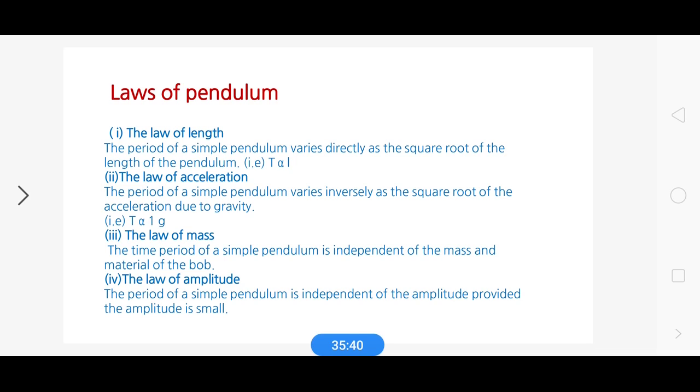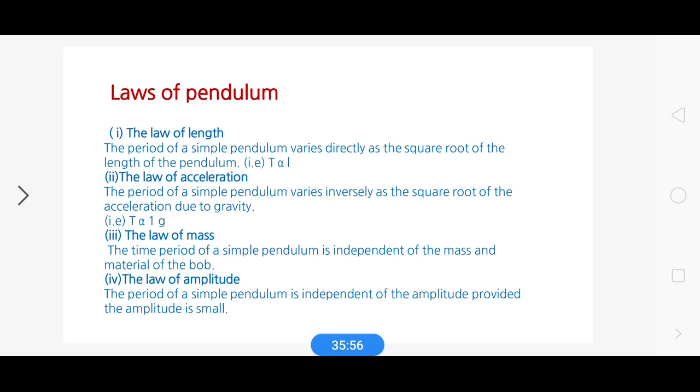It is independent of the size of the bob and independent of the material of the bob. It simply depends on the length of the pendulum and the acceleration due to gravity.